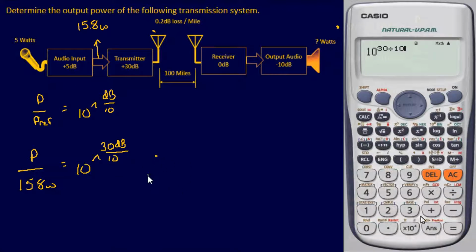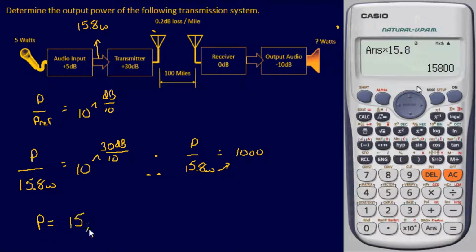And same thing as earlier. P over 15.8 watts equals 1,000. And same thing, I want to multiply 15.8 times 1,000, which is pretty easy. I don't need a calculator for that one. It's going to be 15,800 watts.